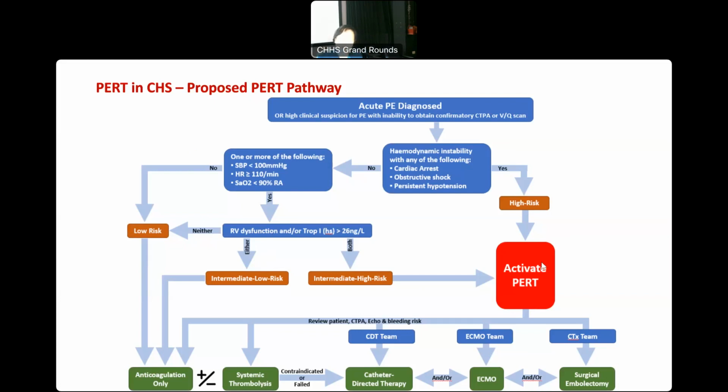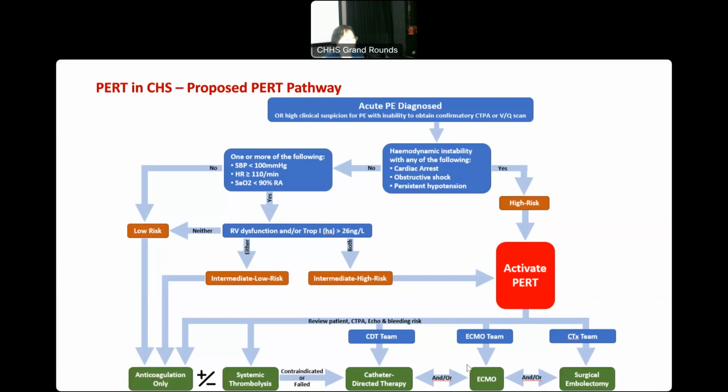So once PERT people get together, all the specialists for discussion, we will decide, okay, every single person needs anticoagulation. No question asked unless contraindicated. Then systemic thrombolysis. If it's contraindicated or failed, catheter-directed therapy. Now I didn't talk much about surgical embolectomy. It's a very unusual indication for surgical embolectomy.